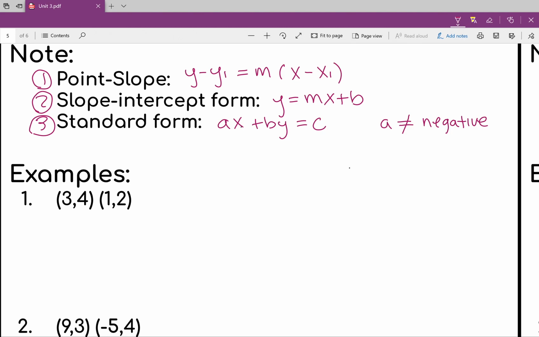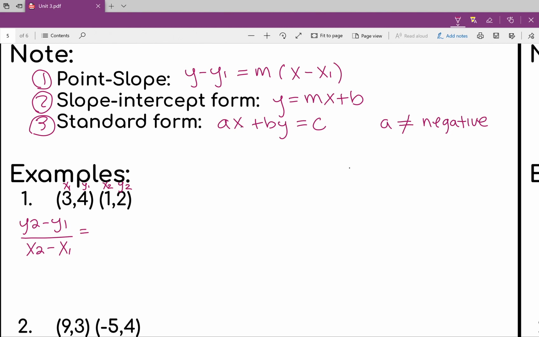First, before we can find anything, we need to find our m. So we need to find our slope. And remember, to find slope, we do y2 minus y1 over x2 minus x1. Remember, these points can be labeled as x1, y1, x2, y2.